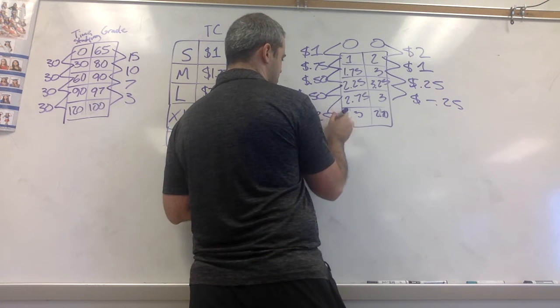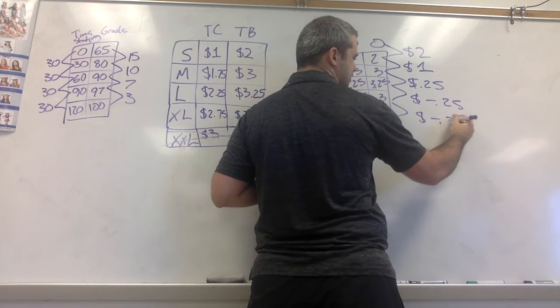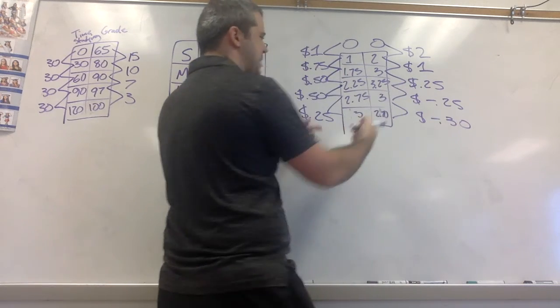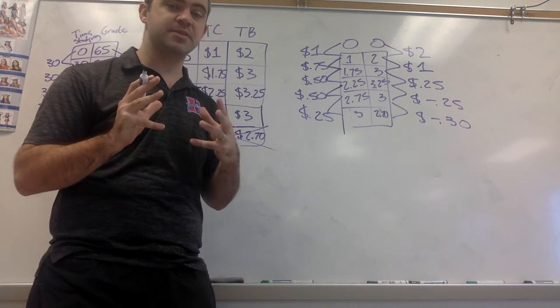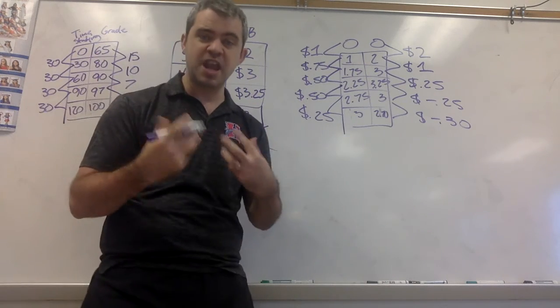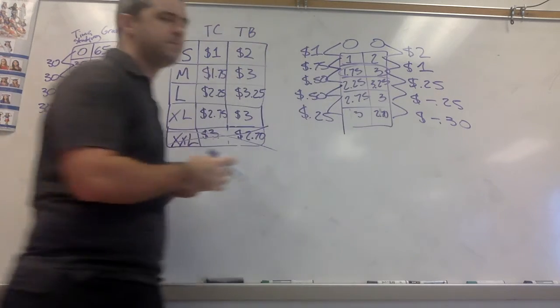Here we have another 25 cents of cost, but I'm losing 30 cents. So obviously these were bad choices here. But what maximizes my net benefit is going to be this medium fry.